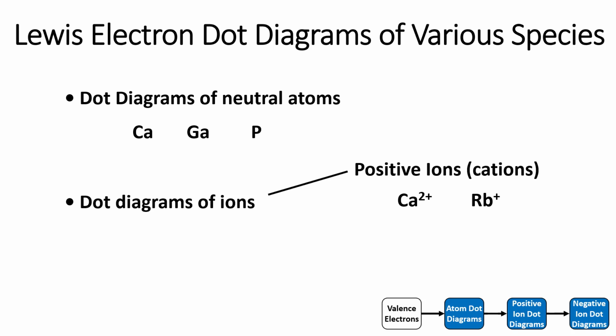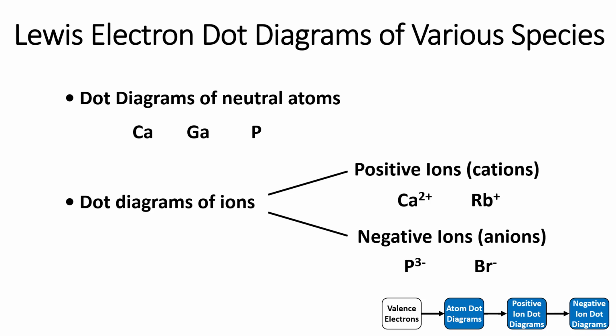And then also the dot diagrams for negative ions. And these are anions. That's the name for negative ions. And the names for negative ions actually end in "ide." So this is actually a phosphide ion and a bromide ion, even though it's from an atom of phosphorus and starts with an atom of bromine. So that's something to remember.